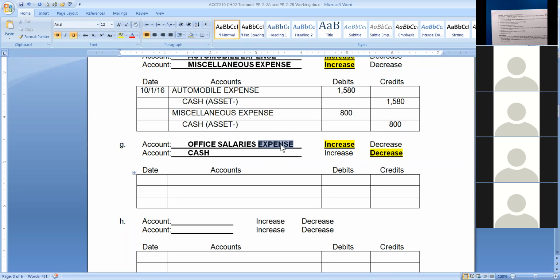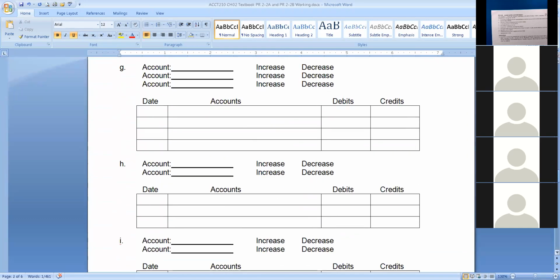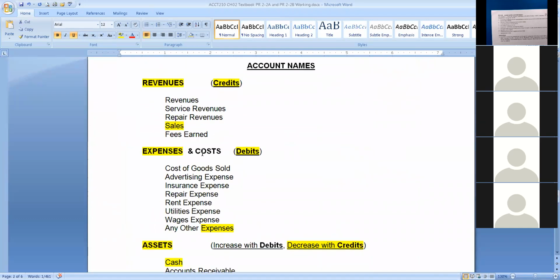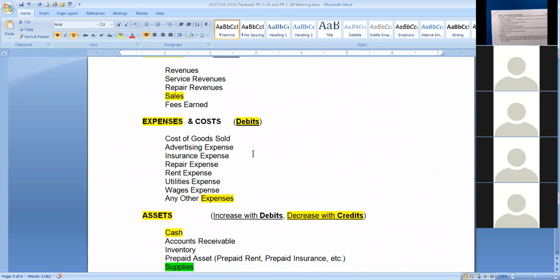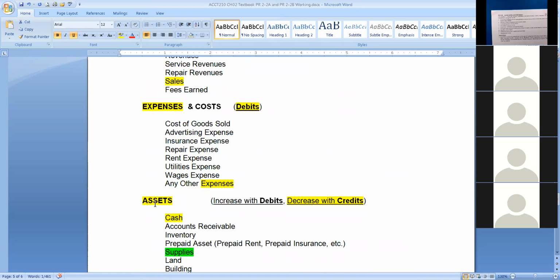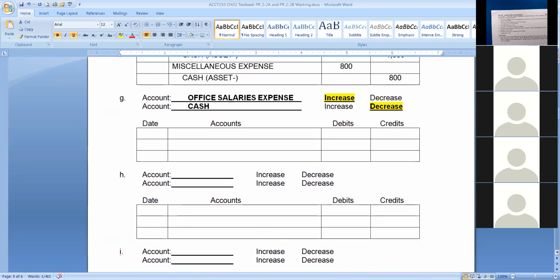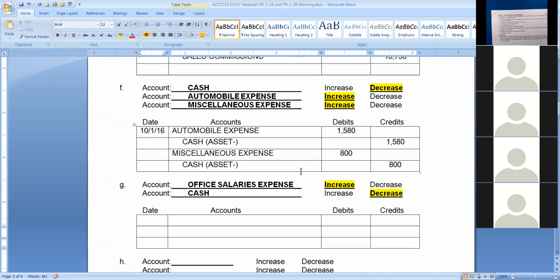Now, the nice thing about expenses: expenses are debits. Cash, it's an asset going down with a credit. But again, like I say, if you get half of it, you know what the other is. So this one would be, and again, you can use wages expense, that's fine.